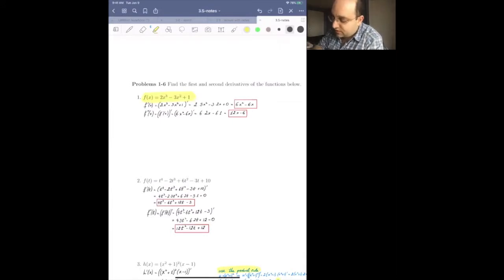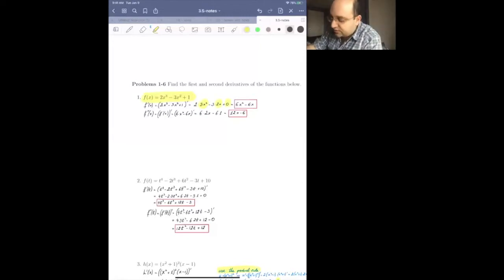The first derivative we can find using 2 times the derivative of x to the third, which is 3x squared, minus 3 times the derivative of x squared, which is 2x, and the derivative of 1, well, 1 is a constant, so the derivative of 1 is 0. So our derivative, if we simplify, becomes 6x squared minus 6x, okay?